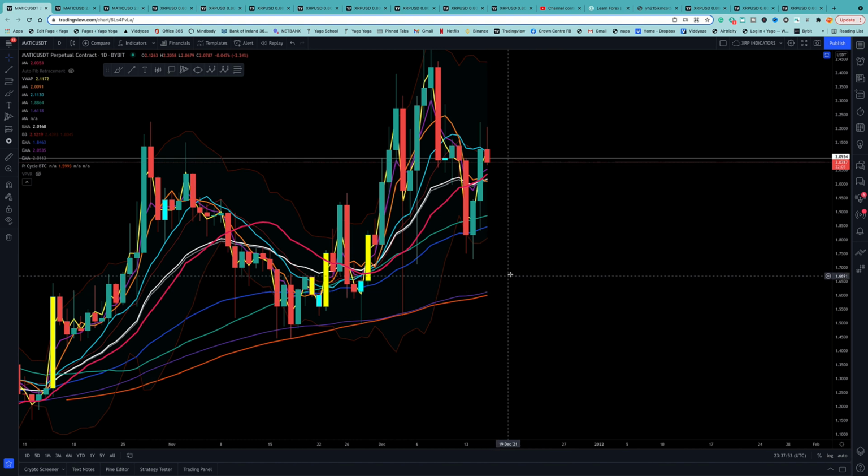Again, here's 161. I'd probably be looking for an entry point of 170, and I would dollar cost average. So I'd have a portion at 170, another entry at 165, and another entry at 160.